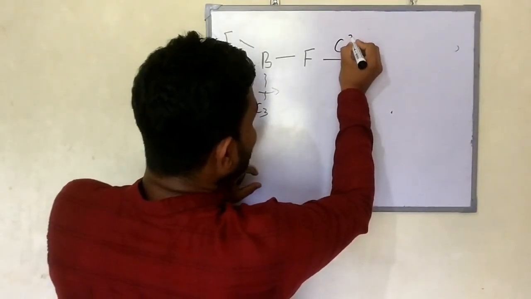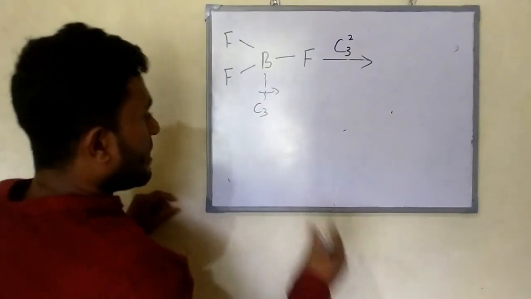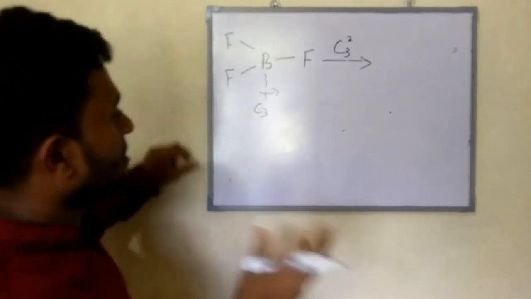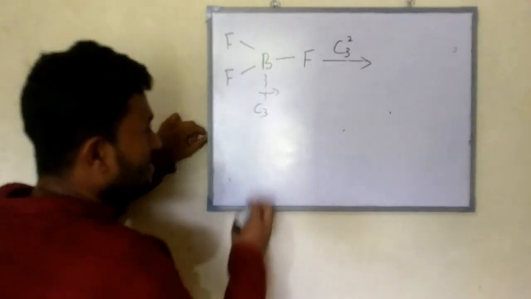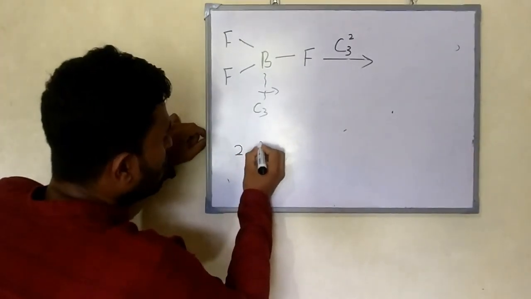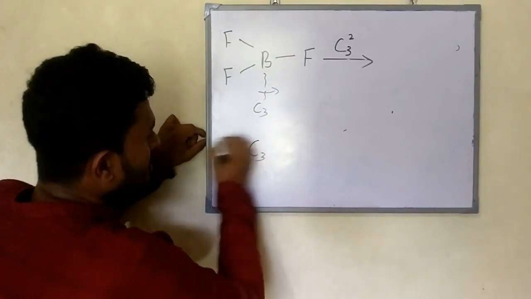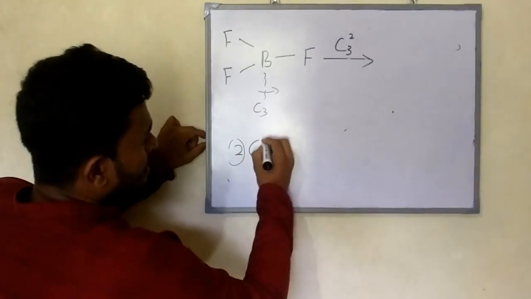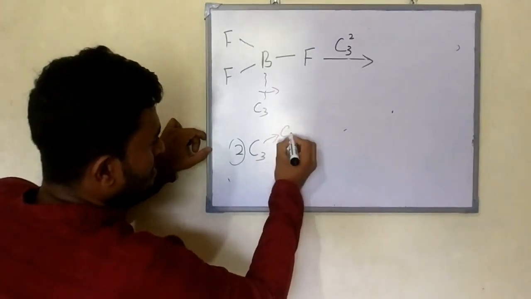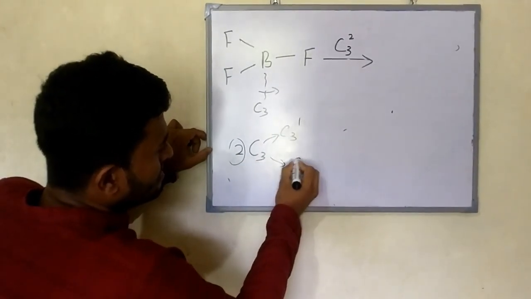That is C3 2. If you write the symmetry element as C3, you always want to write this number 2, because this C3 contains C3 1 and C3 2.